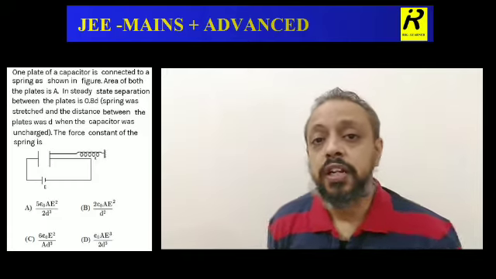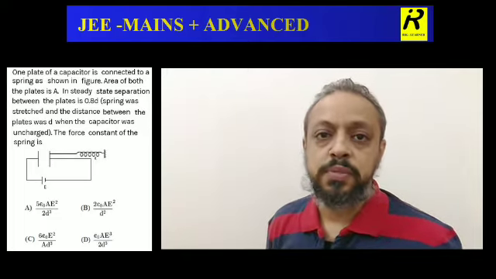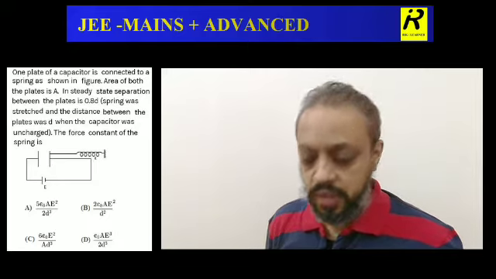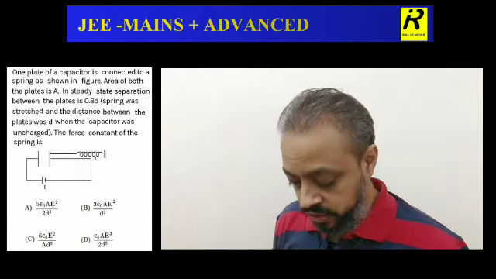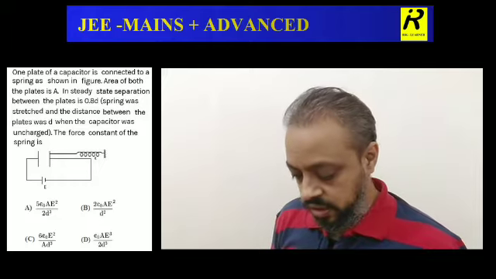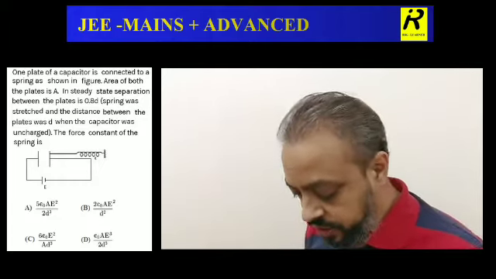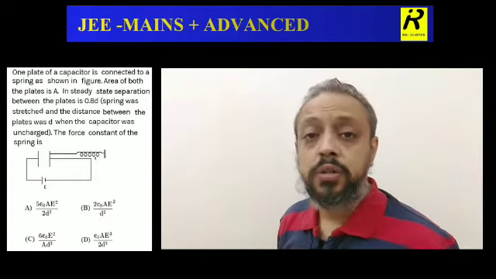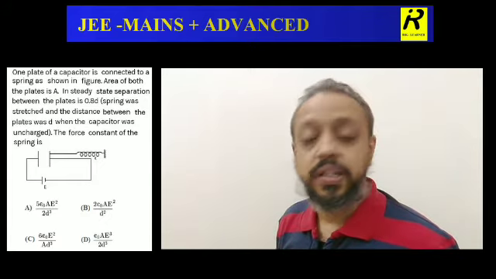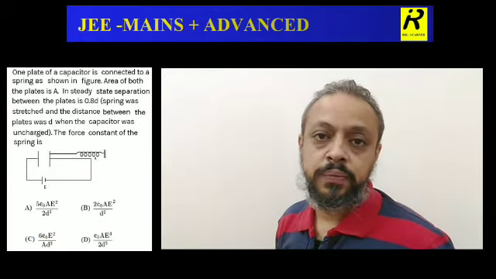In this particular question, finally I have to find the expression for the spring constant. I advise you to see this picture along with this question. So what's happening there? When the capacitor is completely charged, there will be electrostatic attraction between the two plates of the capacitor, which will cause an extension in the spring.